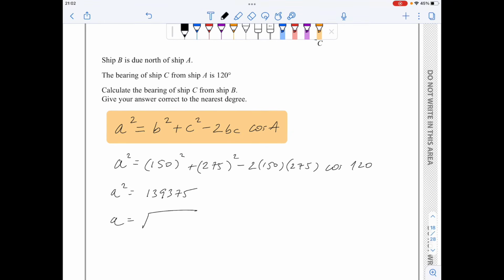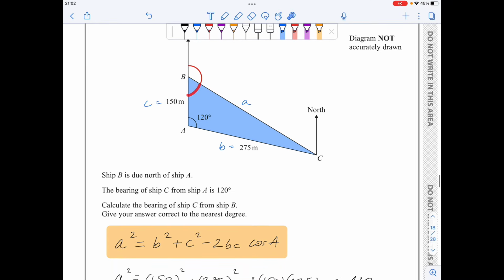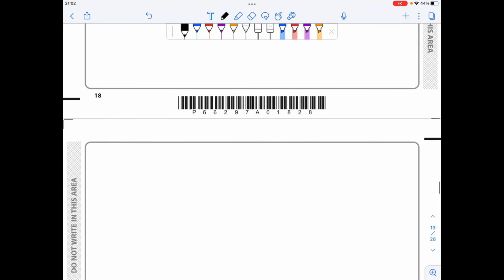A is the square root of this number, that is equal to 373.3, and so on. So next, I will find angle ABC, which is this angle here, and I'll do so using the sine rule. Let's go on to the next page.